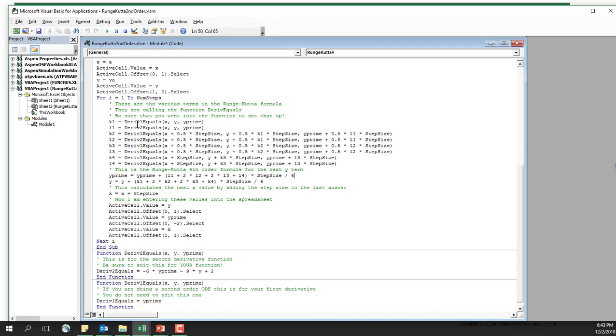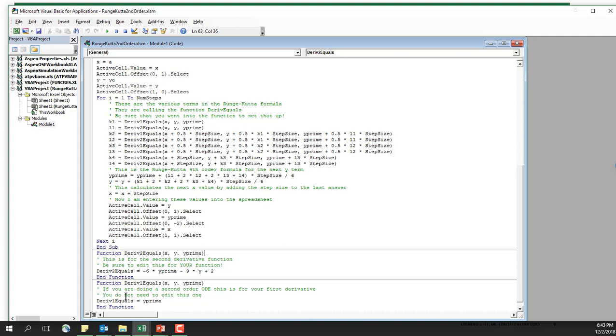Now I have two functions. Because we had already had a function that said deriv equals, I just called them deriv 1 equals and deriv 2 equals. Deriv 2 equals is the g of x, y, and z, or y prime. This is the one that you'll want to change. This one right here. The deriv 1 equals is just going to be that the derivative of y with respect to x is equal to y prime, or my z, the way we were handwriting it.